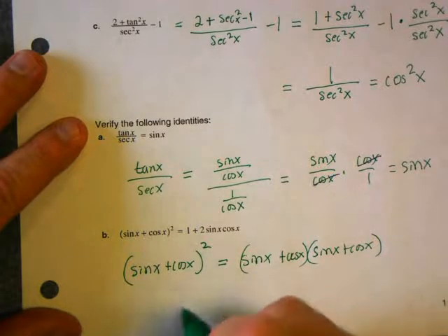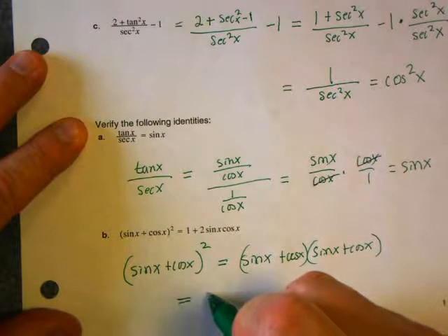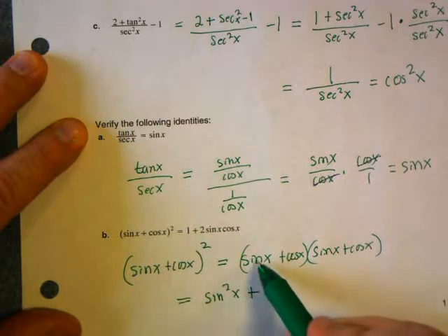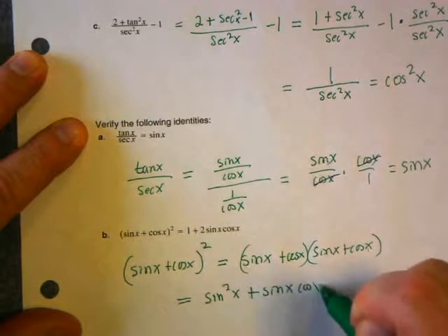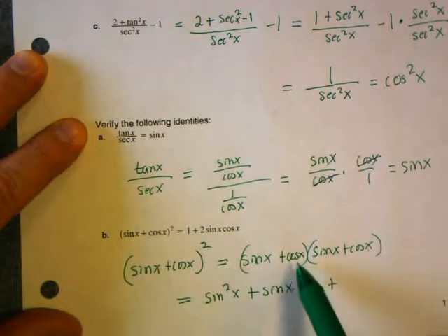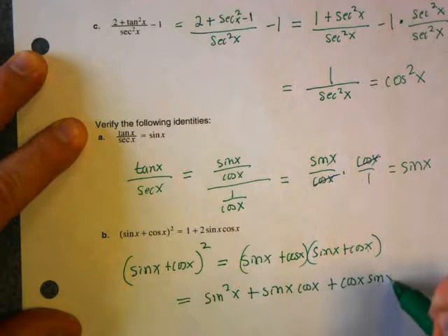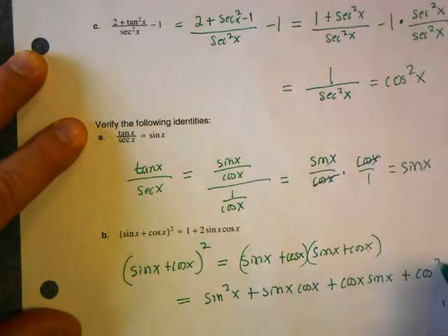Yeah? Okay. When I do that, sine times sine, that's sine squared. So I have sine squared x plus outside gives me sine x cosine x plus inside gives me cosine x sine x, and finally the last gives me cosine squared x.